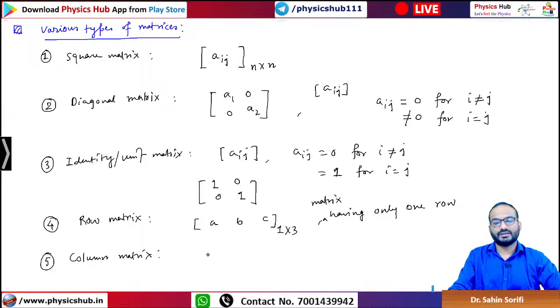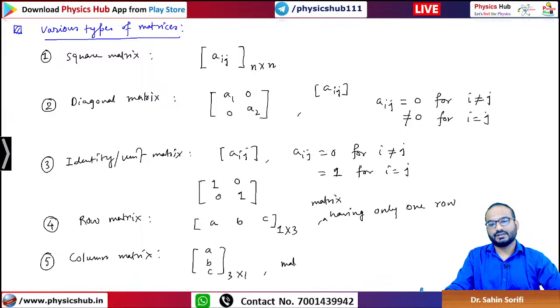What is a column matrix? As per the name suggests, it will only have a single column. So, it will be written like this: A, B, C. So, how do we write it? How many number of rows? 1 2 3. How many number of columns? 1, so 3 by 1.